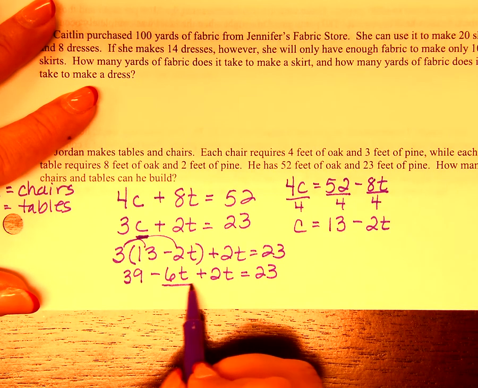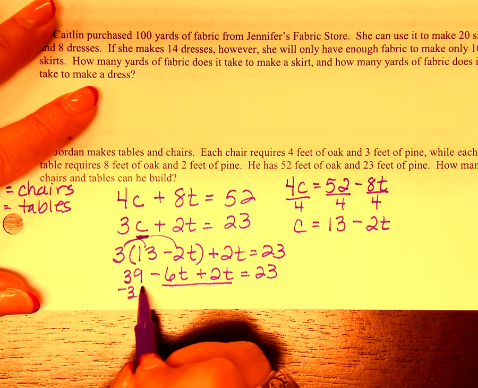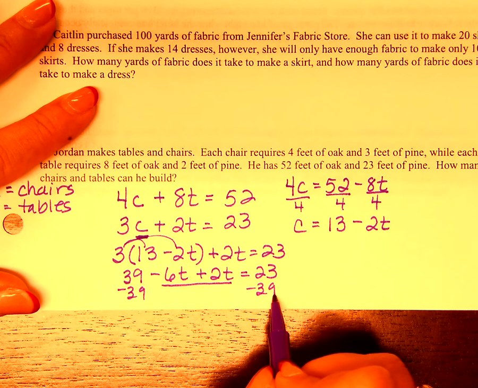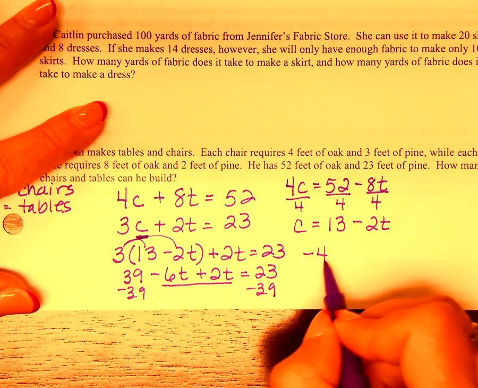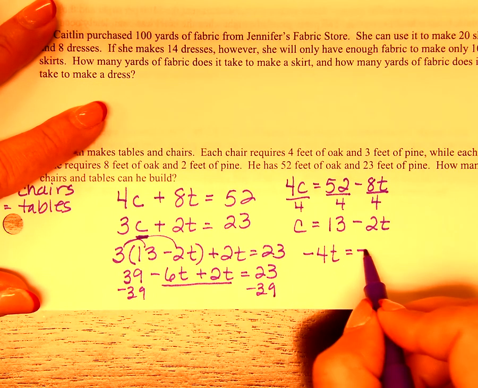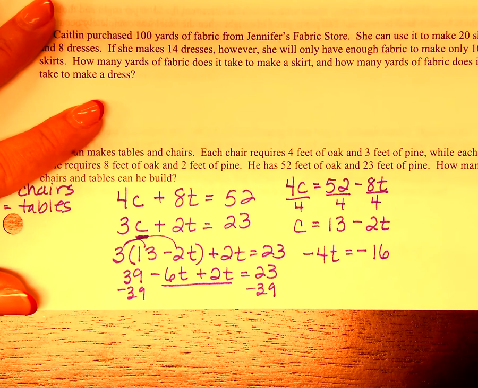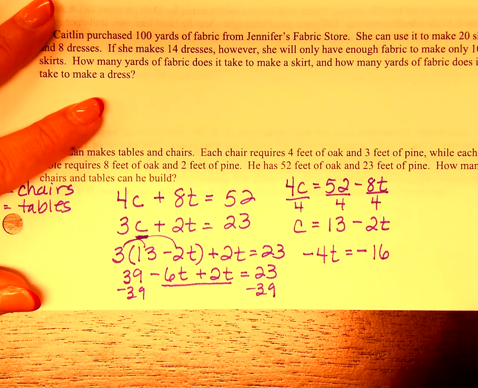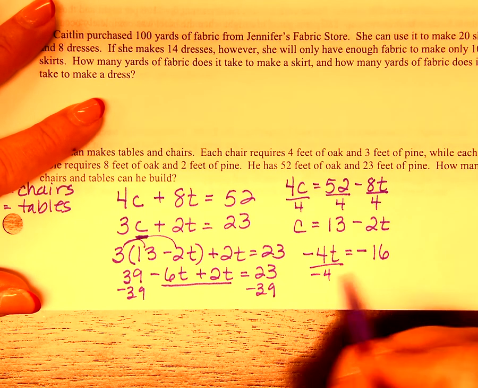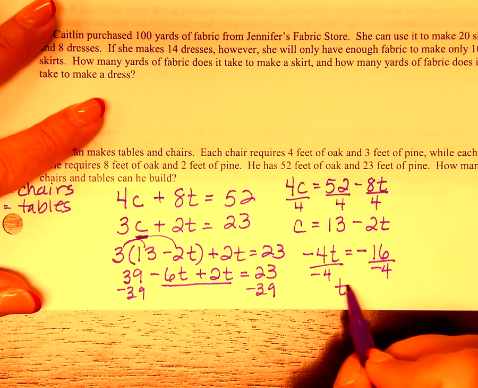I'm going to combine these two T terms. I'm going to go ahead and subtract 39 while I'm at it. Because when I do that, I get negative 4T equals negative 16, right? Everybody okay so far? And if I divide both sides by negative 4, I get T equals.